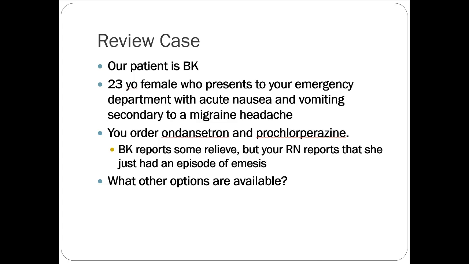So between those 5 classes, if you think about it, you've got your ondansetron or your serotonin antagonist, you've got your D2 antagonist, your metoclopramide and prochlorperazine. So those are 2 major ones you're going to use. And then you've got anticholinergics, steroids, and then benzodiazepines.